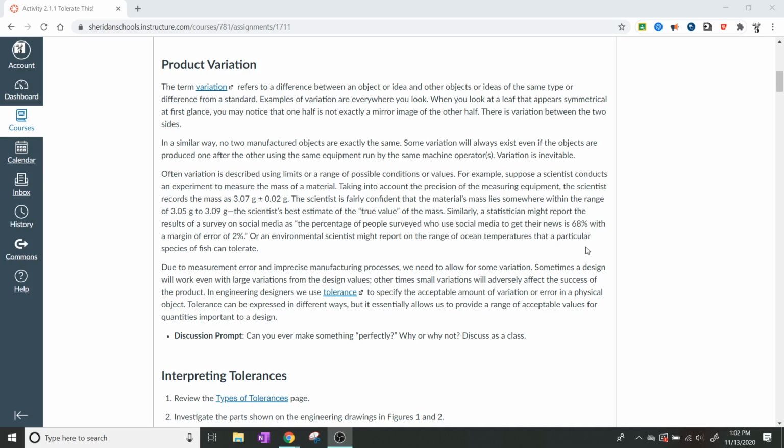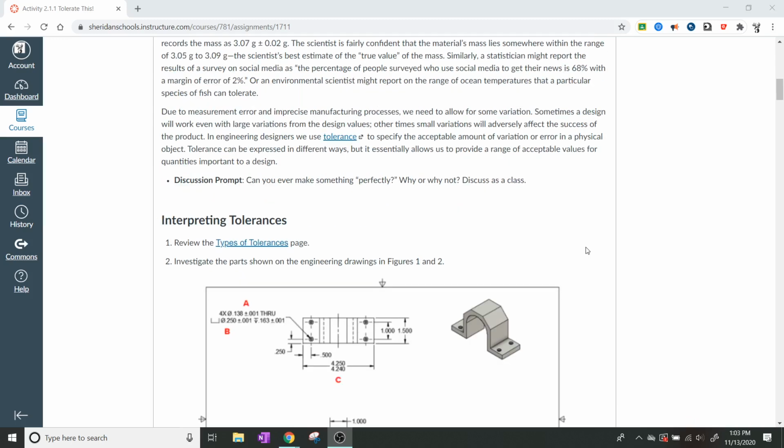Or if you're giving temperatures, as the worksheet says, they can live within a certain temperature on the low end versus a certain temperature on the high end. Those are some tolerances. So in engineering, we use the word tolerance to describe what happens whenever we're dealing with a value that has an upper value or a lower value that goes along with it.